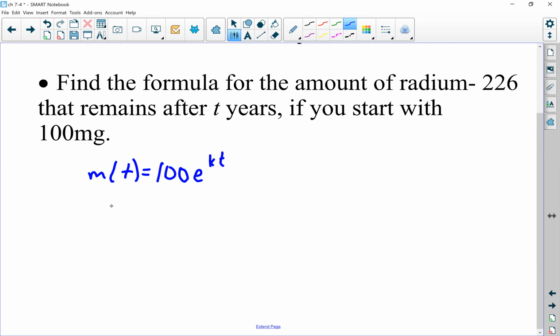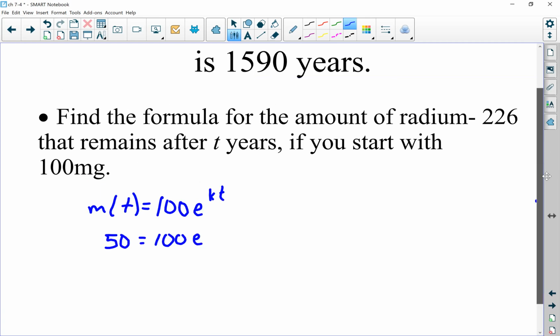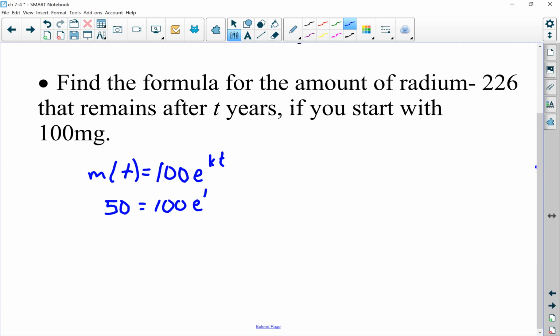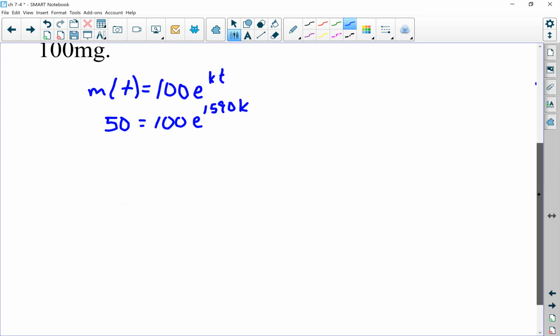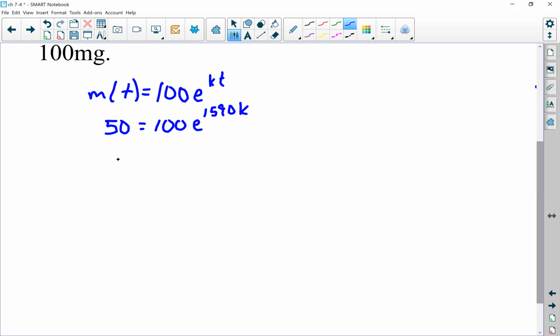I know that I will have 50 milligrams after 1,590 years. So if I solve to get k, divide by 100, and oh, surprise, surprise, I get a half when I'm talking about the half-life.